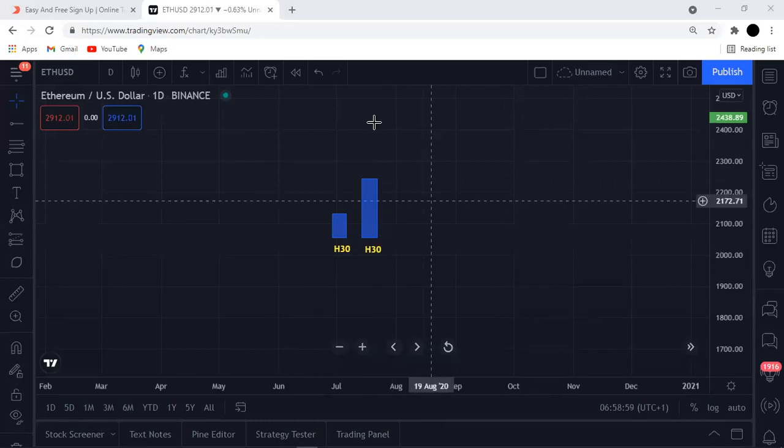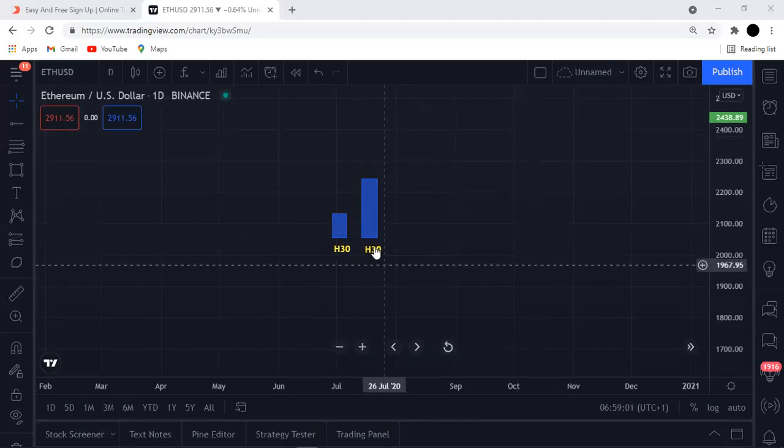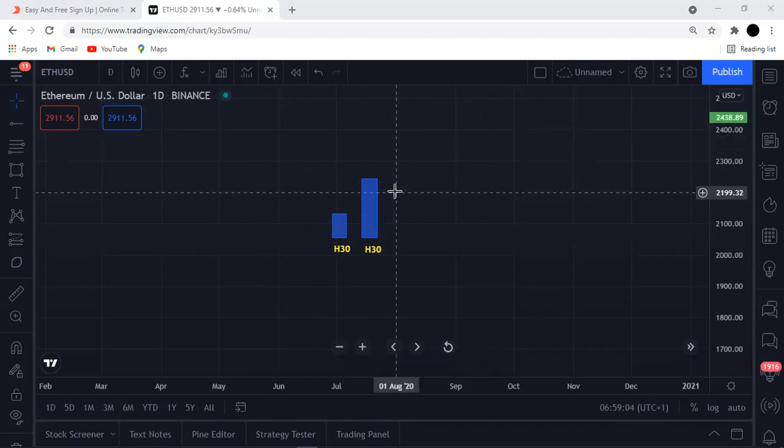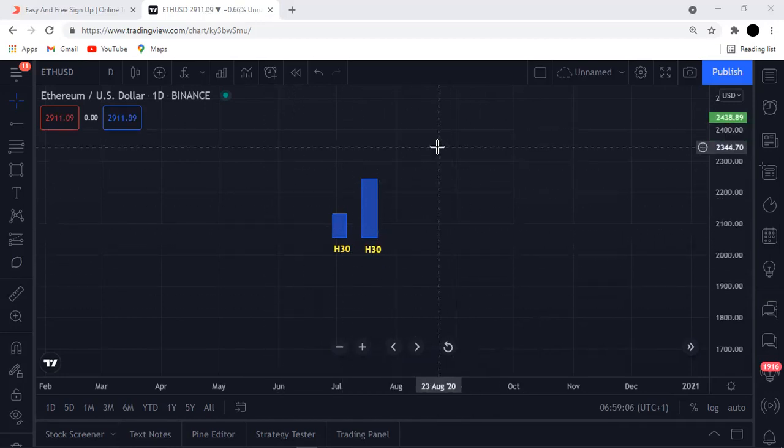For the sake of those that would be doing their analysis from the MetaTrader app, we do not have the H2. And I want to make reference to two different time frames.